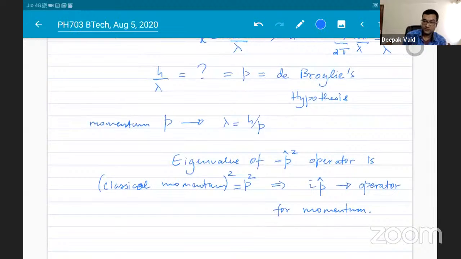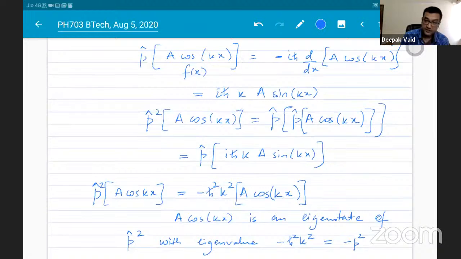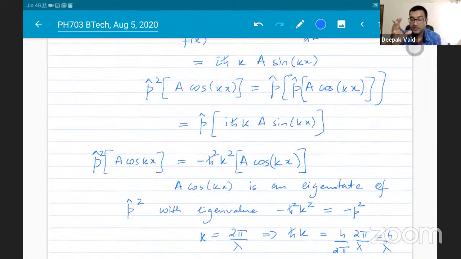Do you see this? So if I have something whose eigenvalue gives me the quantity squared, then the square root of that is the corresponding operator for that quantity.